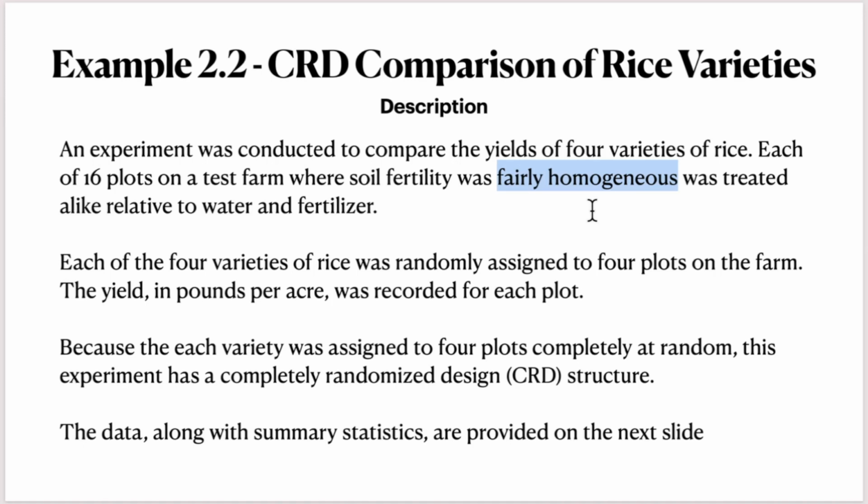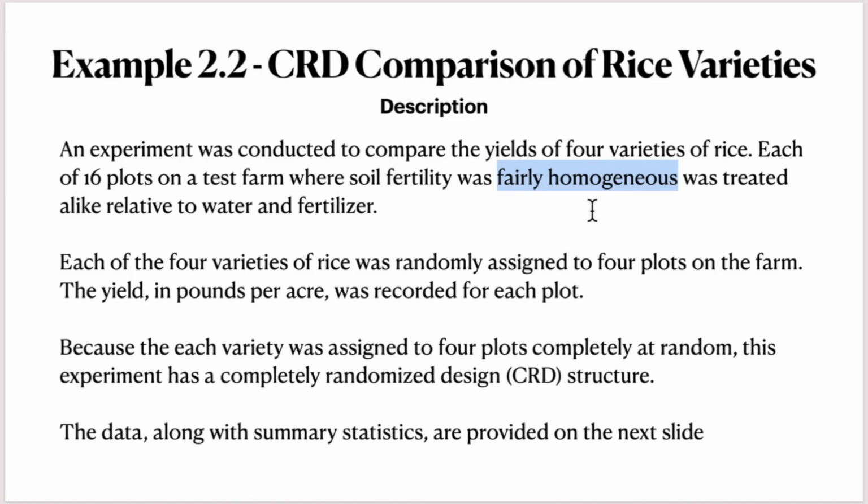It may be much easier to find groupings of plots that would be homogeneous. Maybe on one part of the farm, you've got some plots that are homogeneous with respect to themselves, but on another area of the farm, you've got plots that are different from the first group, but they're similar to each other. And so in that kind of a situation, a completely randomized design would really not be the most effective.